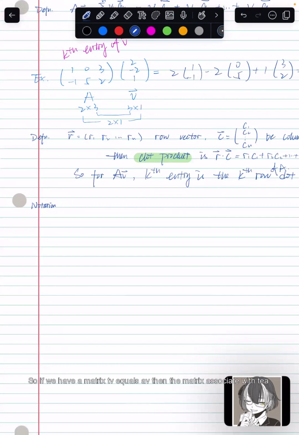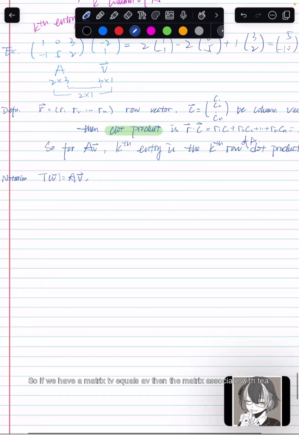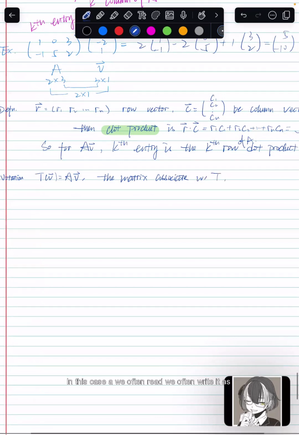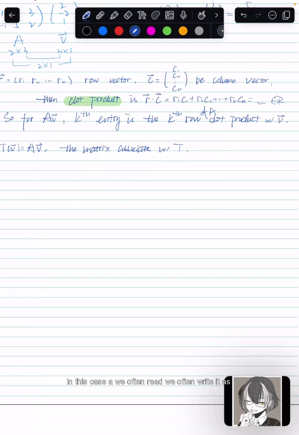So if we have a matrix transformation T(V) equals AV, then the matrix associated with T, in this case A, we often write it as this bracket T. Or sometimes we just write T.